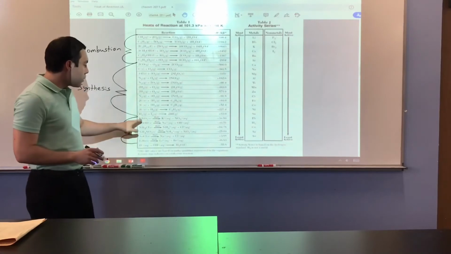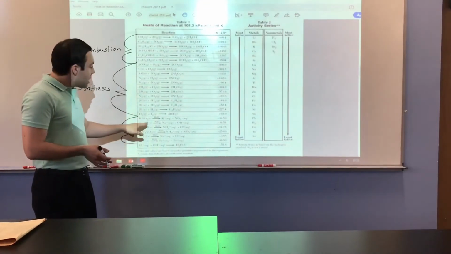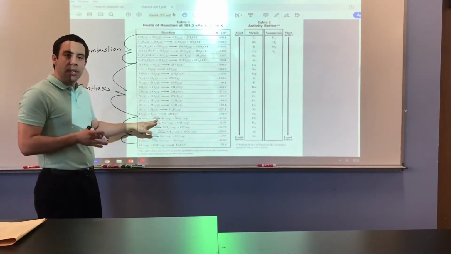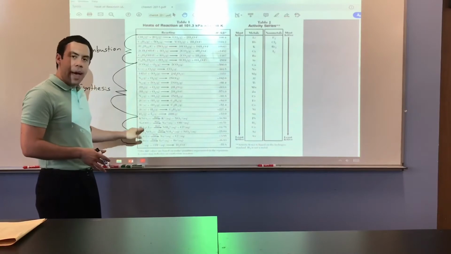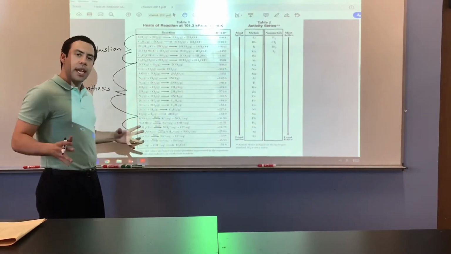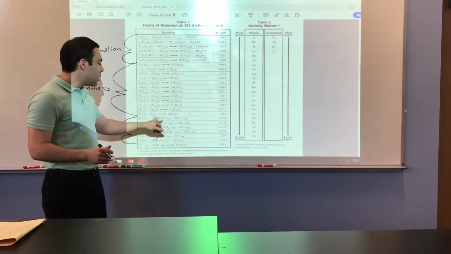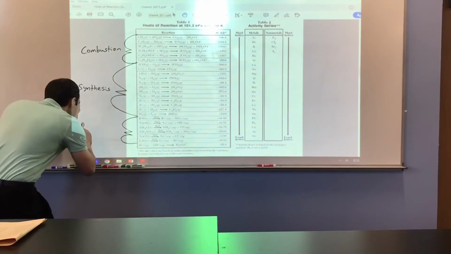You'll notice that there's an ionic compound on the reactant side. Then on top of the arrow, you'll see H2O. All of these ionic compounds are being dissolved in water and dissociating, breaking up into their cations and anions.